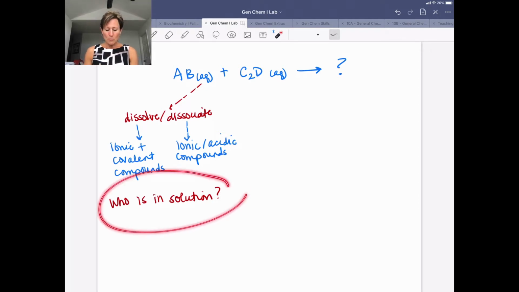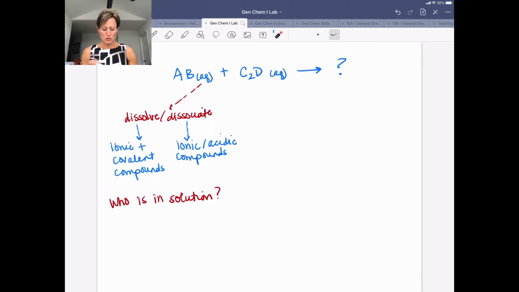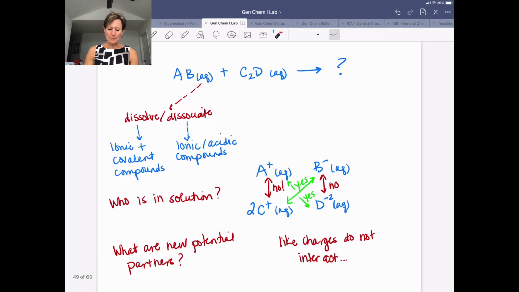Okay, so part of this lab is asking our question, who is in solution and what's the possible chemistry that could happen? So when we think about, for this generic example, who is in solution here, we can see that we're going to have A plus cations and B minus anions, and then C plus cations and D 2 minus anions.